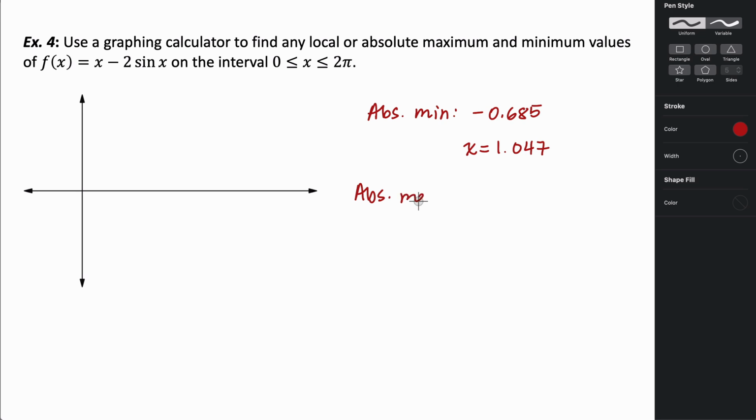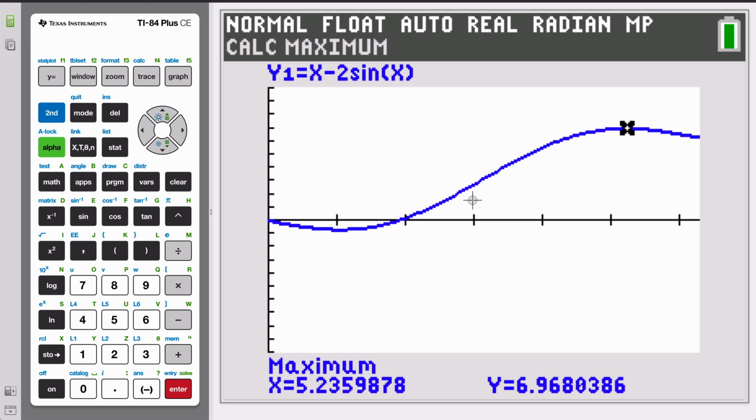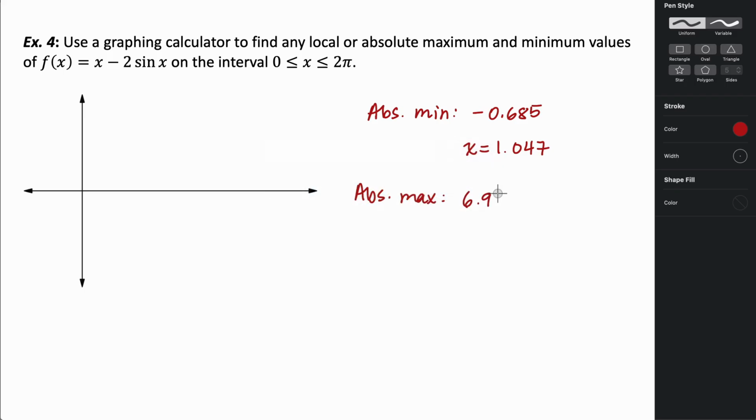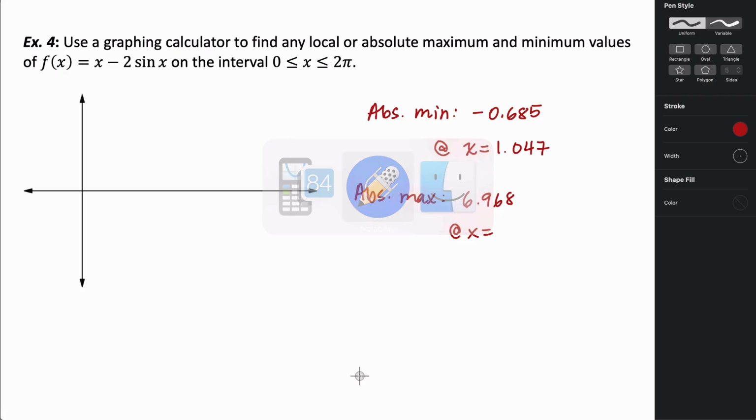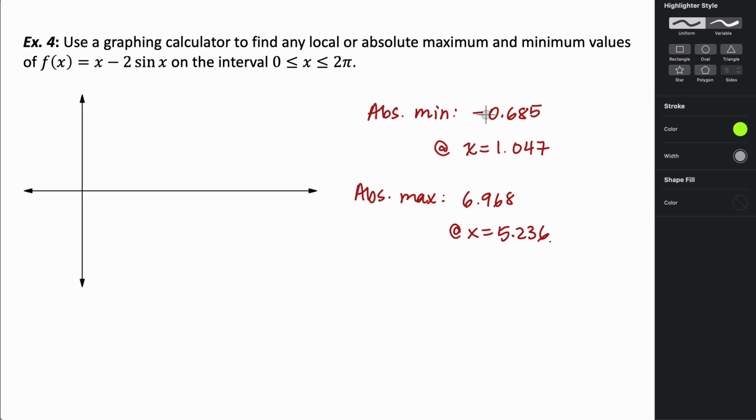The absolute max is 6.968, and that was at x equals 5.236. This isn't really as important. It's asking for the value, so these are the important numbers there. So go ahead and sketch your curve on the axes, and then we used our calculator to calculate these.